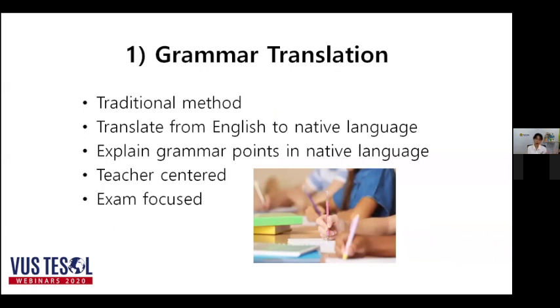Students will be listening to you, and then they will do some activities, the exercises. Sometimes it's exam-focused, but this is probably the most popular way of teaching grammar, right? Is this how you teach grammar? I think most of you do this. I mean, I do that. It's probably the most popular way of teaching grammar.